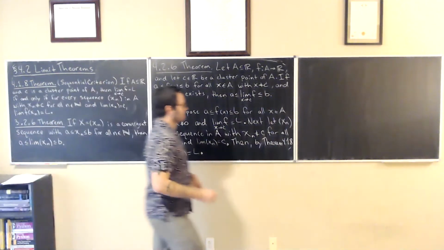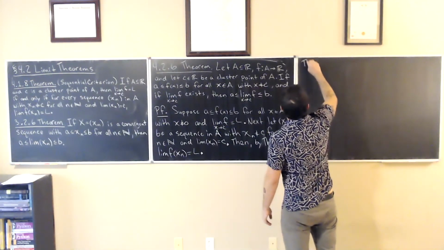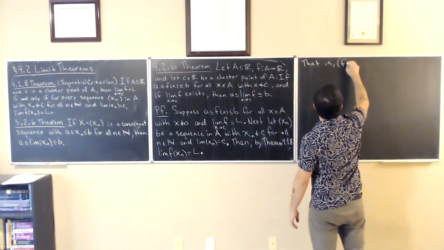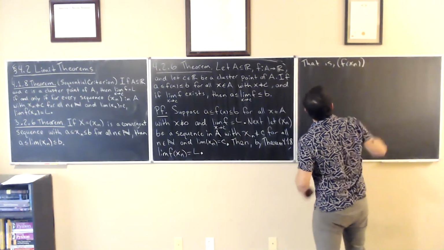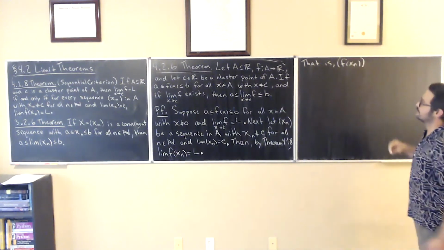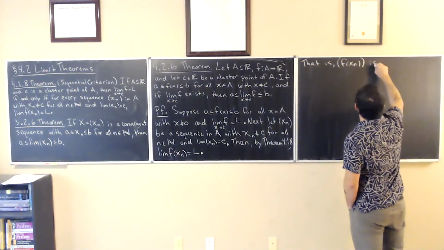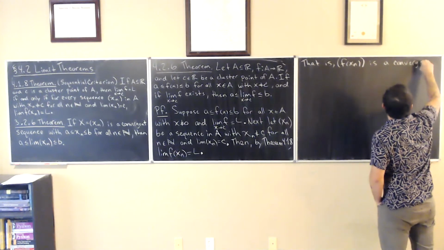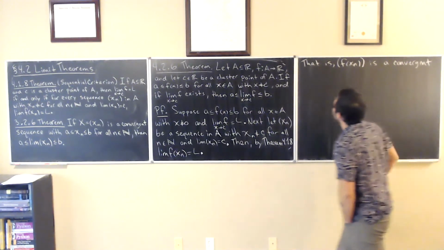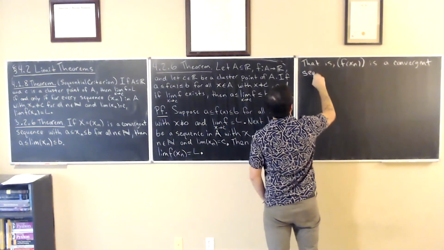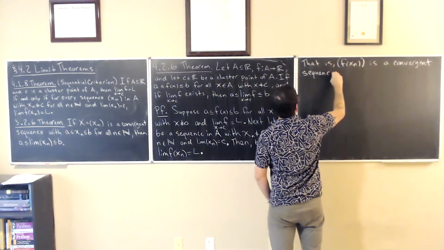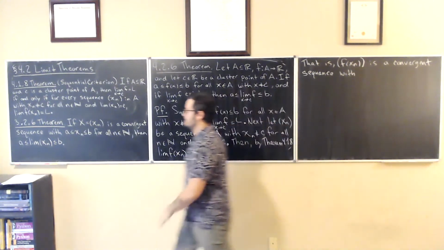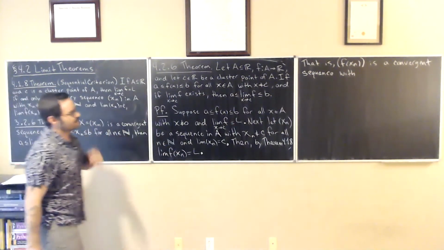So we can just finish it off by saying that the sequence of the images of Xn under f is a convergent sequence where the terms are bounded by a and b for all naturals n.